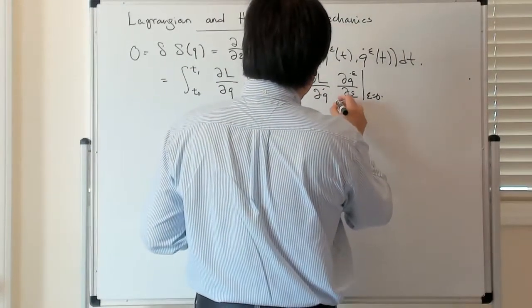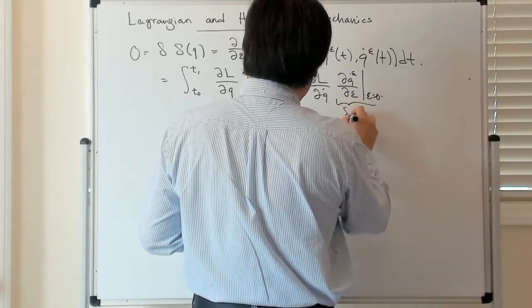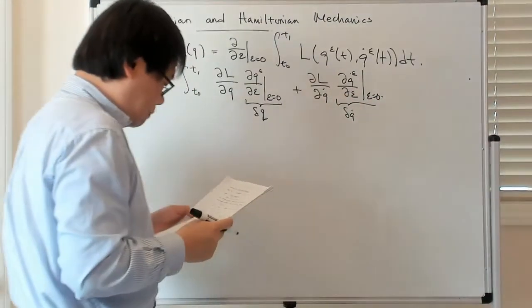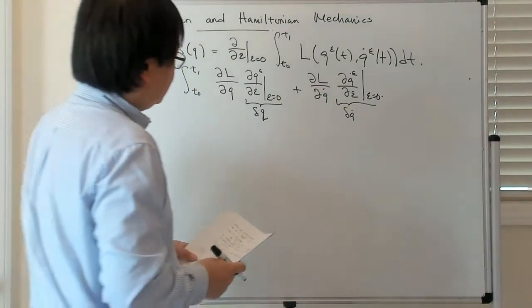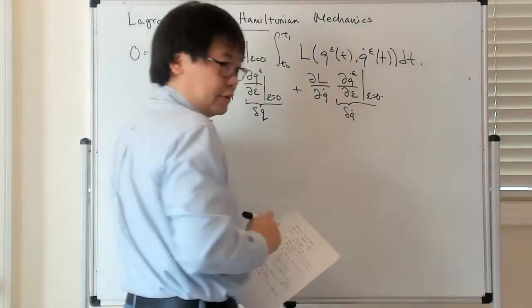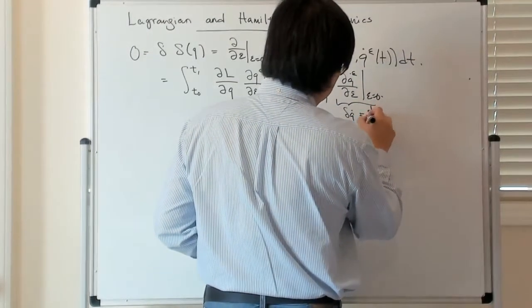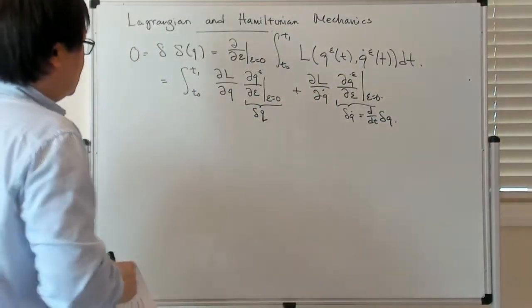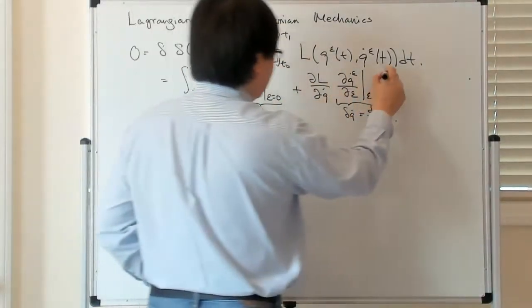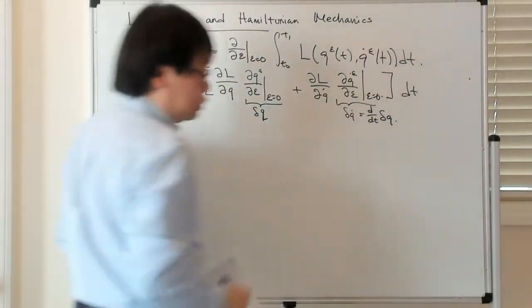Technically this is the variation of q dot. By the equality of mixed partials, this is equal to the time derivative of the variation of q, and the whole thing is integrated with respect to dt.